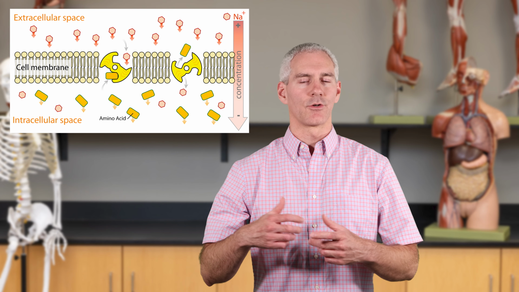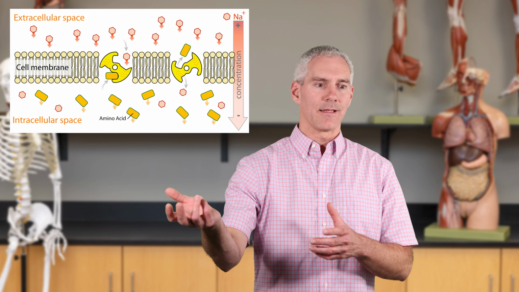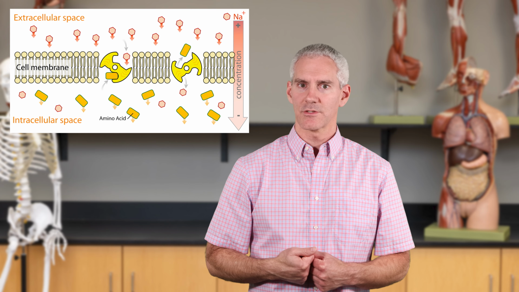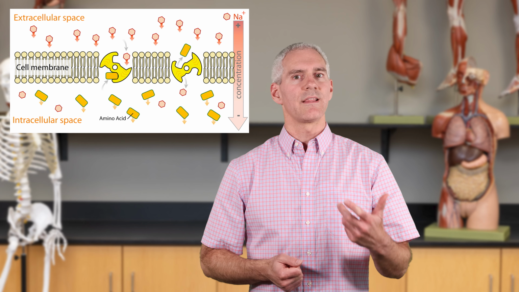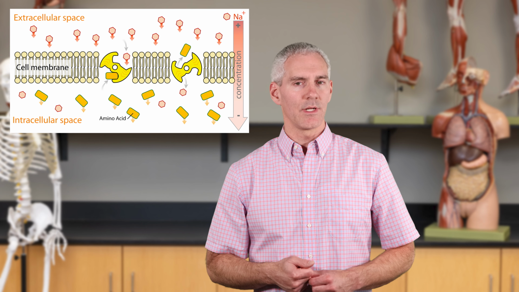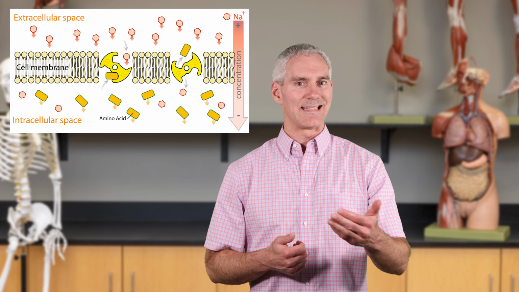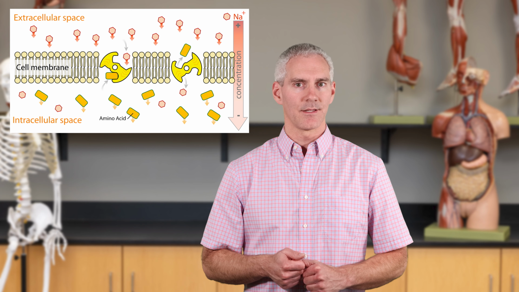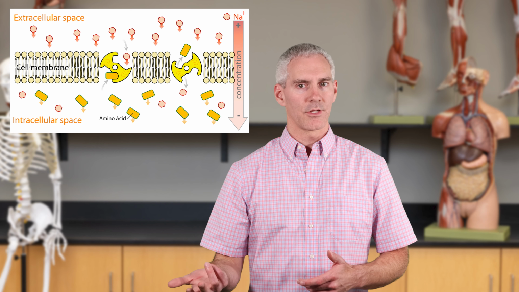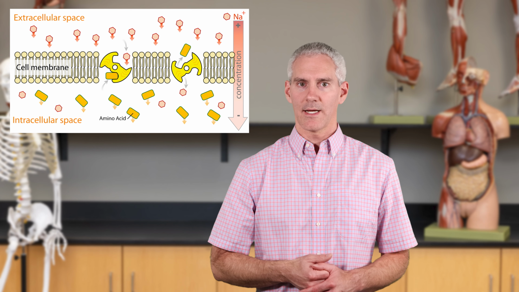It's not really on a gradient. It's just, hey, this is working, I'll be pushed on through as well. We'll see that a lot of times with sodium, for example, where sodium travels through down its concentration gradient, and then another molecule is being pulled along for the ride.